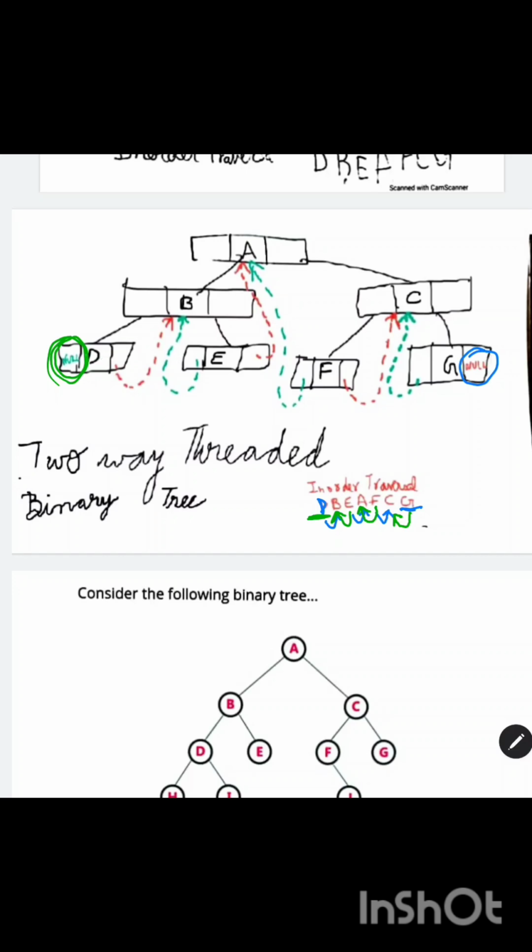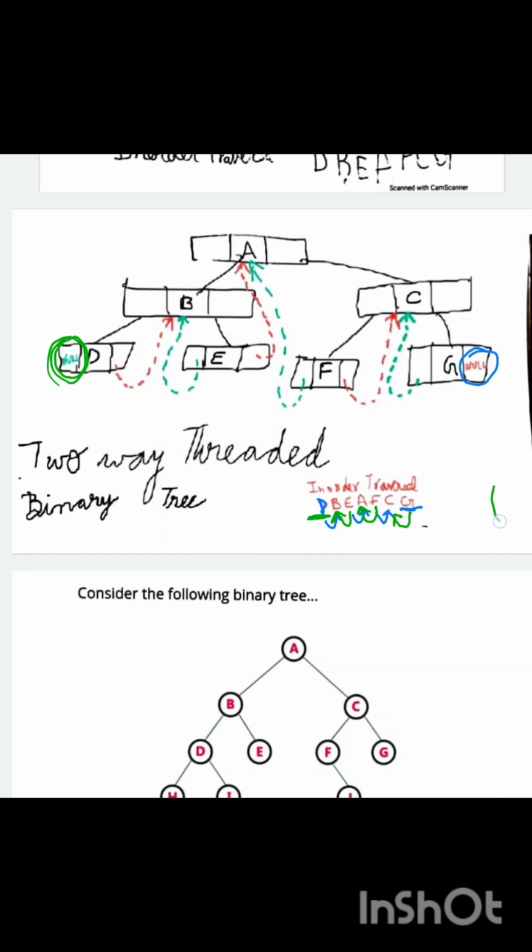So the left child of the extreme left of the tree, if it is null, will not be replaced. And if the right child of the extreme right of the tree is null, it will not be replaced. This is two-way threading with the binary tree, and all the threads are replaced except the left child of the extreme left node and the right child of the extreme right node.